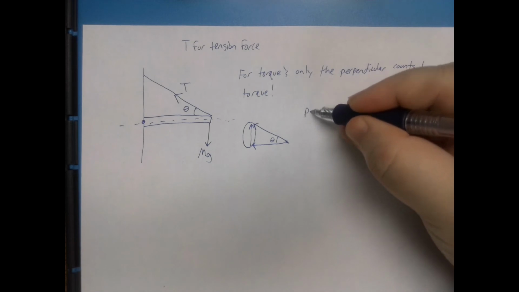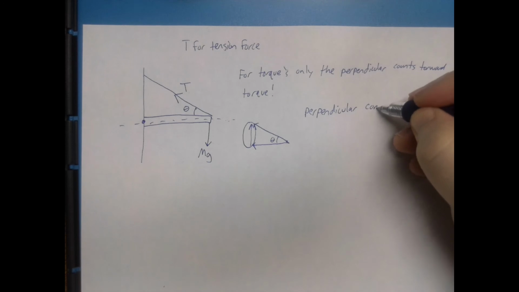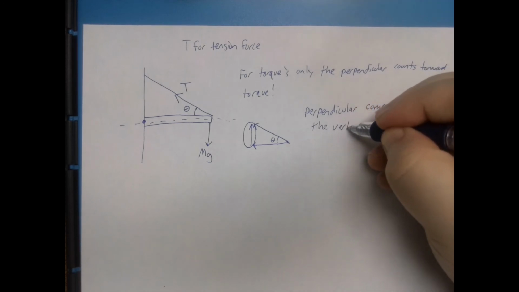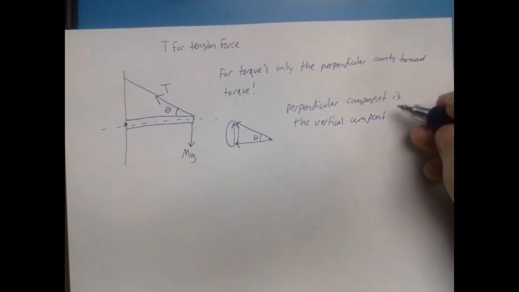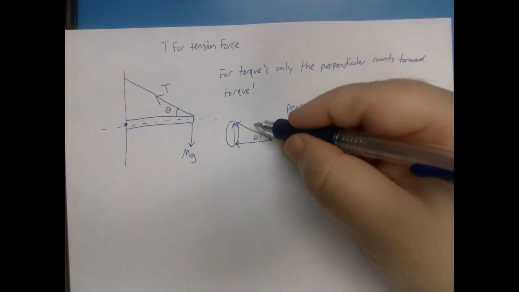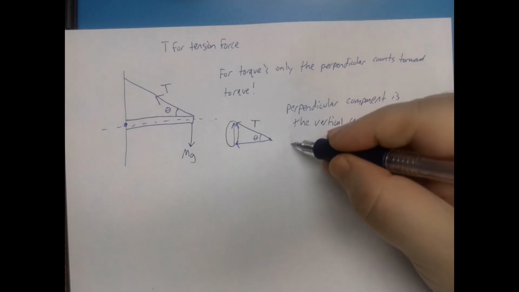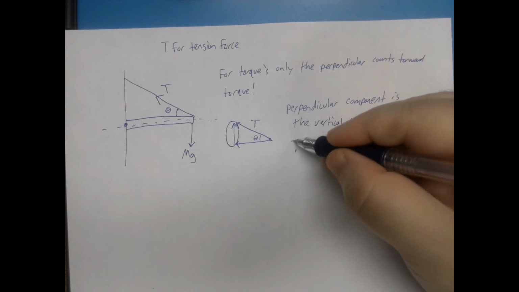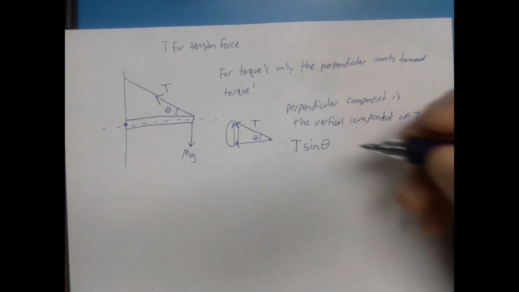So the perpendicular component is the vertical component of T. And so we have a T here, so the perpendicular component is equal to T, it'd be opposite, so we use the sine of theta.